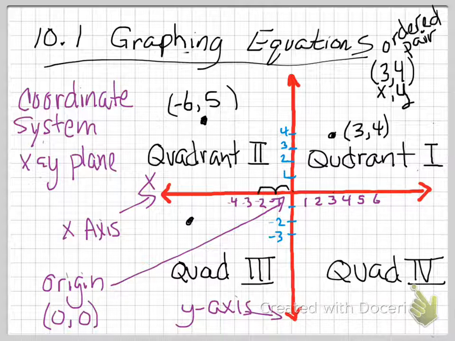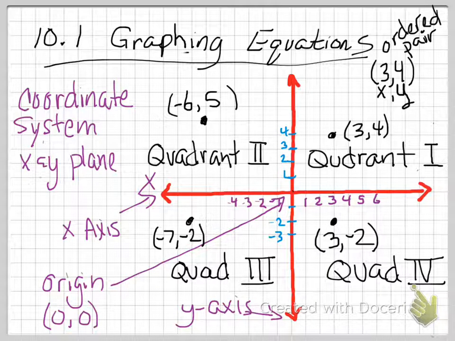So if I start counting the x's, 2, 3, 4, 5, 6, 7, that means I went backwards 7, so that's -7, and down 2, so that's -2. All the points in quadrant 3 will always both be negative. And then quadrant 4, if I randomly pick a point here, that would be 3 on the x and -2 on the y. The first one will always be positive, the second one will always be negative.